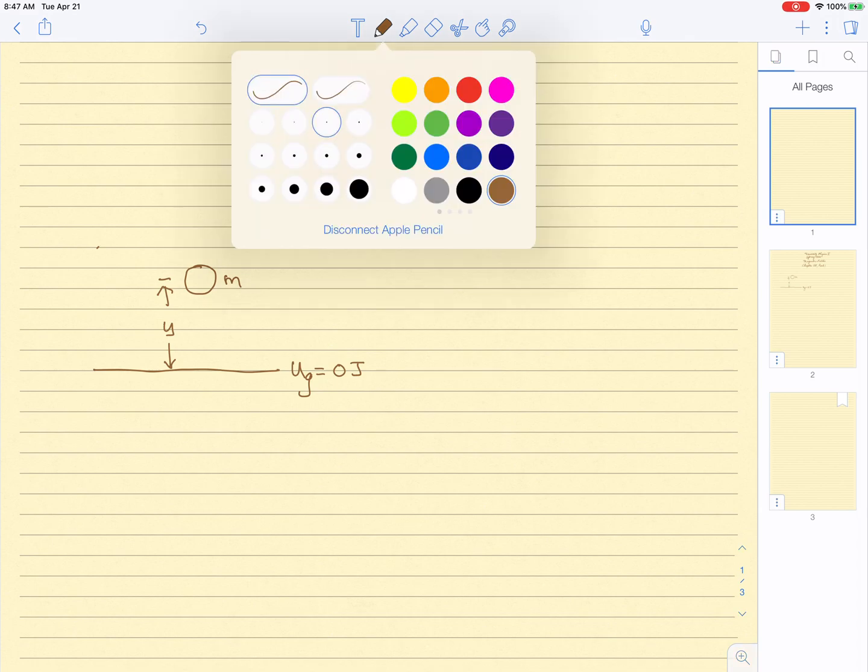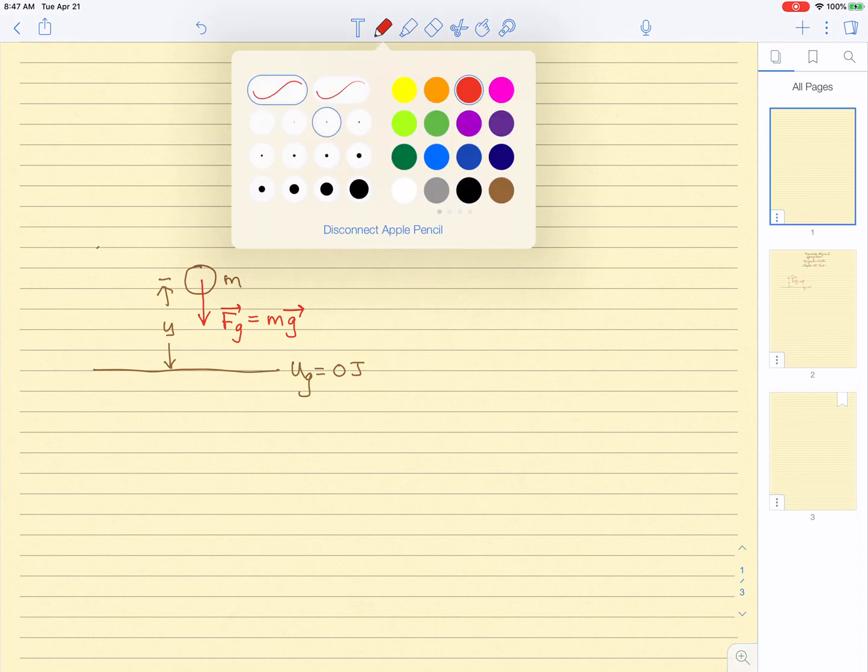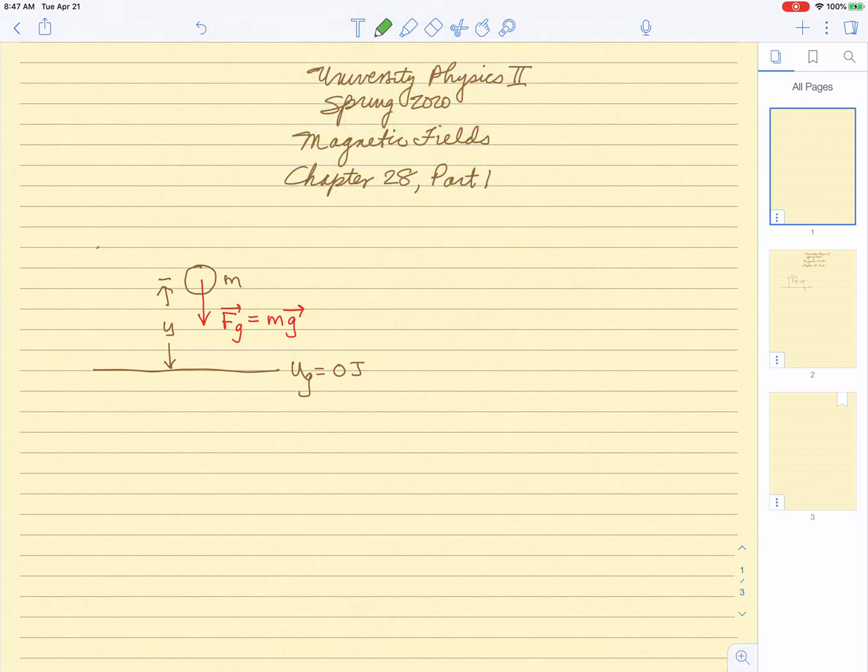So we know that there's a gravitational force equal to mg down toward the center of the Earth. We know that there's a gravitational potential energy here, which is mgy. And we know if that ball is let loose, it will accelerate downward with some acceleration given by the gravitational force. So we know lots about this problem, right?